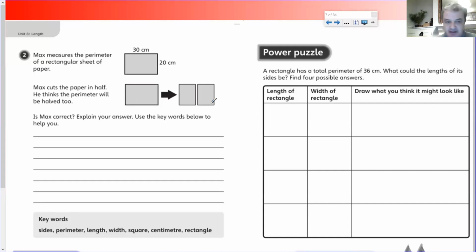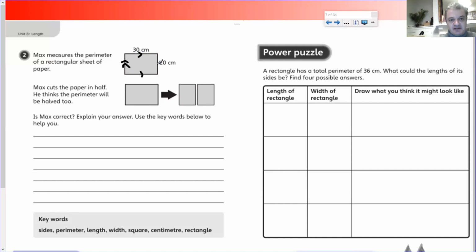So a rectangular shape has 2 sides that are longer and 2 sides that are smaller. It's got 4 right angles. This line is parallel to this line, and this line is parallel to this line. That's parallel to that. That's parallel to that.